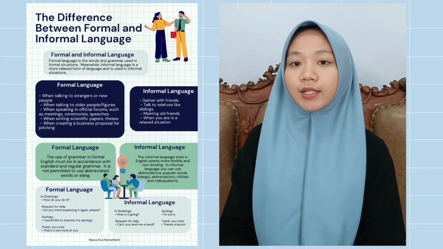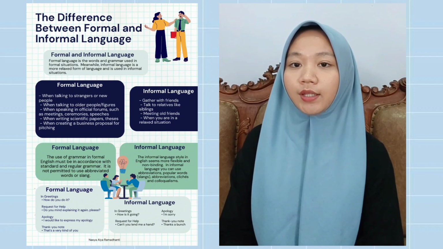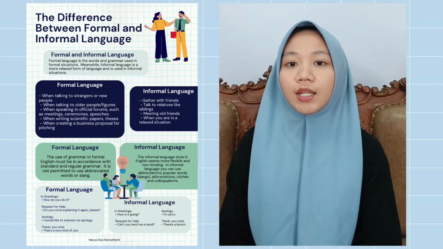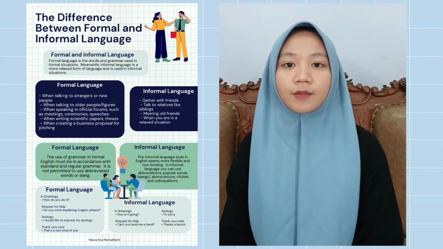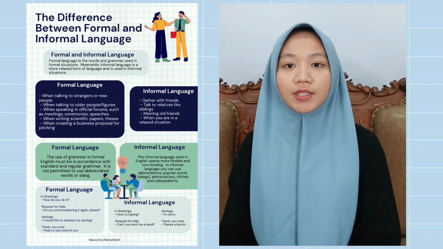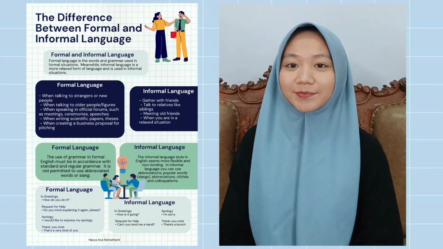With a good understanding of this difference, we can communicate more effectively and avoid misunderstanding that may arise from using language that is not appropriate to the context. For this reason, let's continue to learn and improve our language skills, both in formal and informal language.